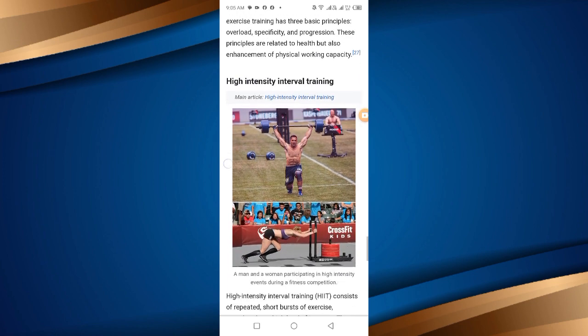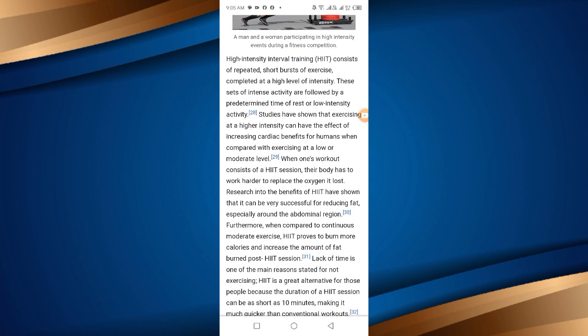High intensity interval training (HIIT) consists of repeated and short bursts of exercise completed at a high level of intensity. These sets of intensity are followed by a predetermined time of rest or low intensity activities. Studies have shown that exercising at a higher intensity can have an effect of increasing cardiac benefits for the human when compared to exercising at a low to moderate level.